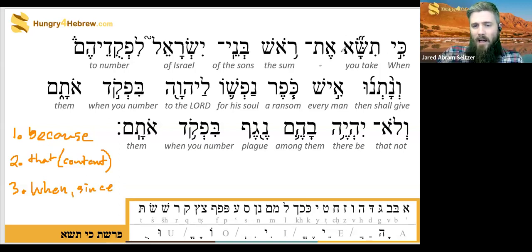When tisa, is this a yiktol form? It's at the beginning of the verb. If so, then what's the root? Well, we have a sin and an aleph, right?